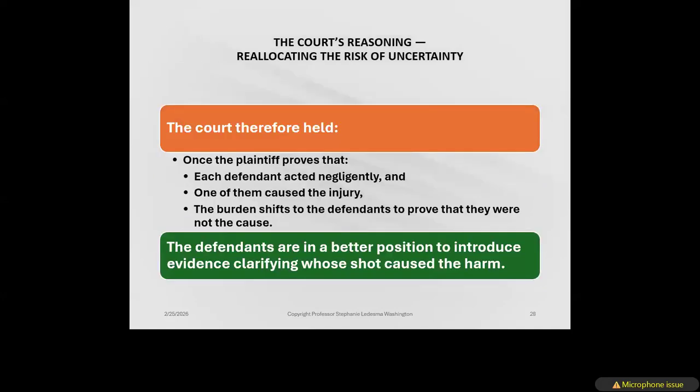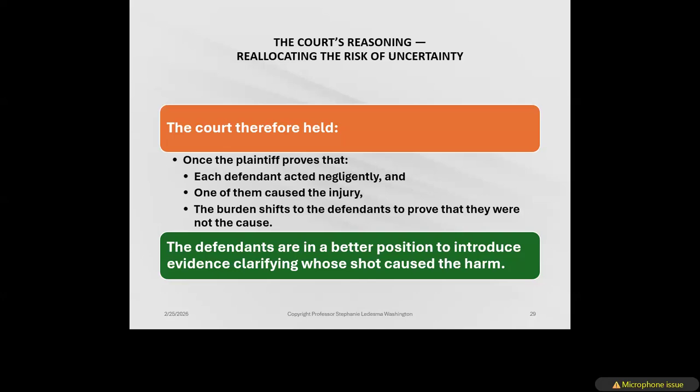And so the court said, yeah, we're going to shift the burden. The court held that once the plaintiff proves that each defendant acted negligently, and once the plaintiff proves that one of the two of them caused the injury, the burden would shift to the defendant to prove that they weren't the one.